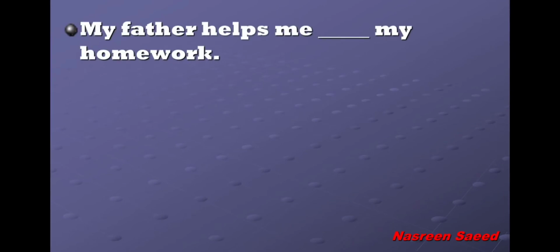My father helps me dash my homework. Now what father? We have to use either do or make. Do use करना है या make use करना है. So my father helps me do my homework or make my homework. So it is, correct word is do.